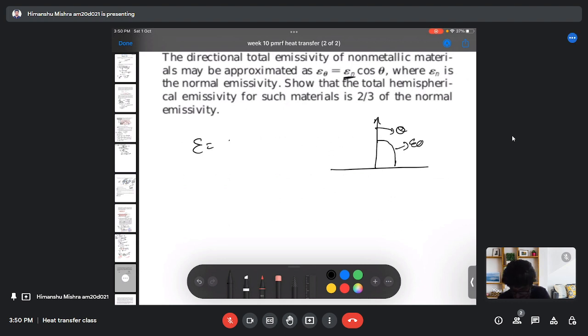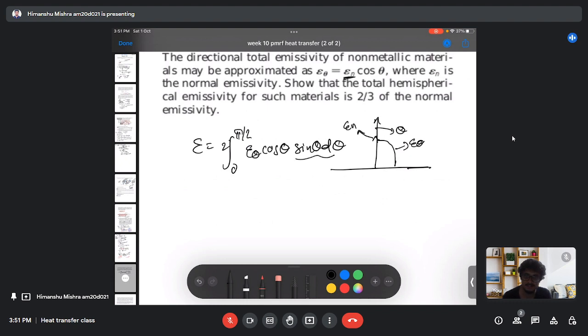This is my directional emissivity theta, and this is my normal component of emissivity. And my total emissivity is given here.